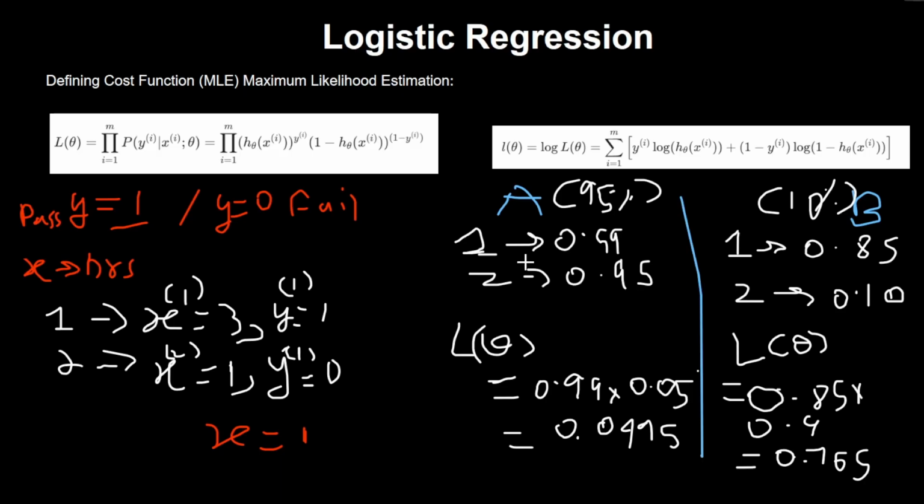So here, for student 1, let's assume the student would pass with a probability of 0.99 or 99%. And for student 2, let's assume the probability of predicting that the person would pass is 95% or 0.95, which we have here. So this is wrong.